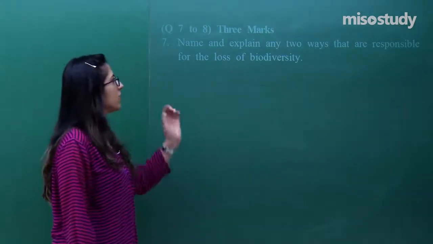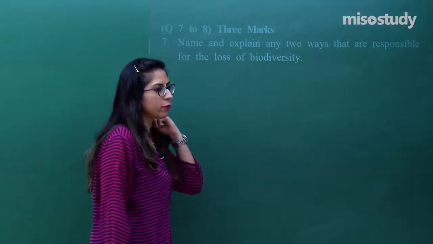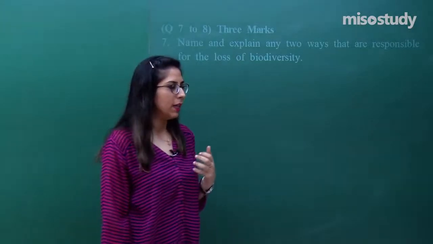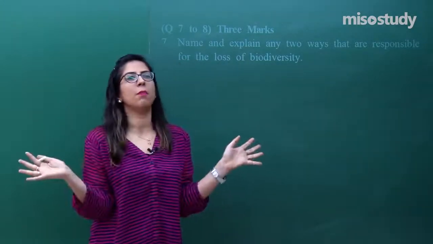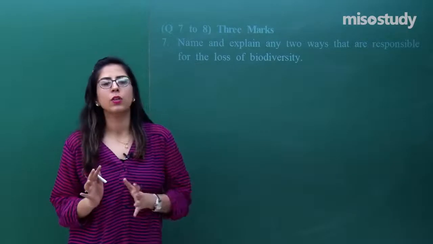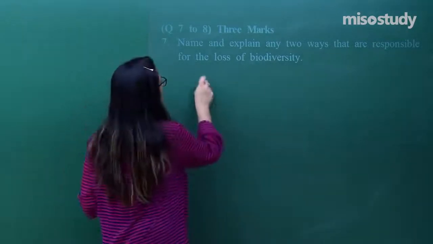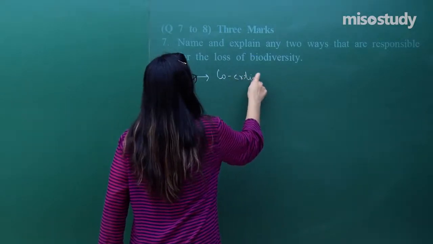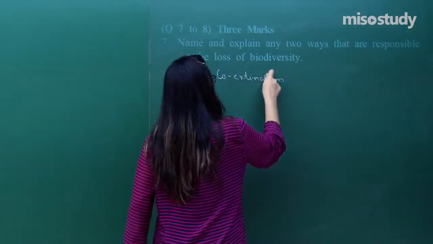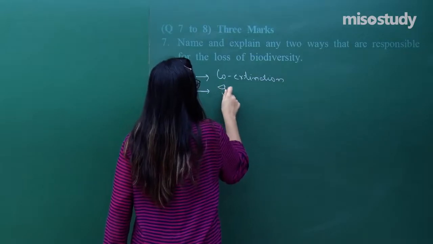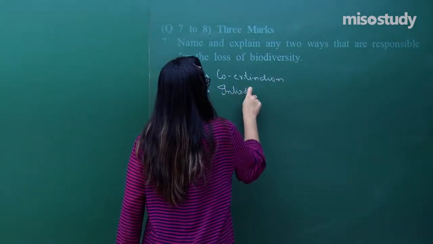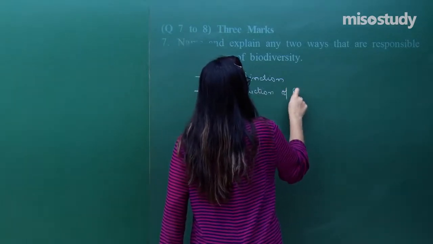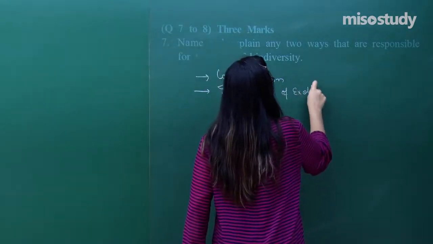So the question indicates that we have to explain about the ways by which the loss of biodiversity happens. We have studied about n number of ways. In this question, you have to explain about the co-extinction and also the introduction of exotic species.